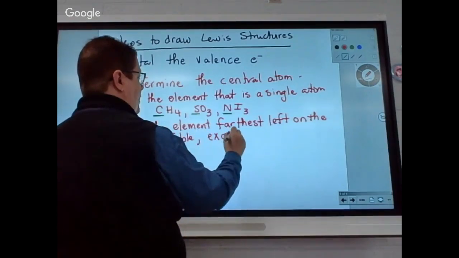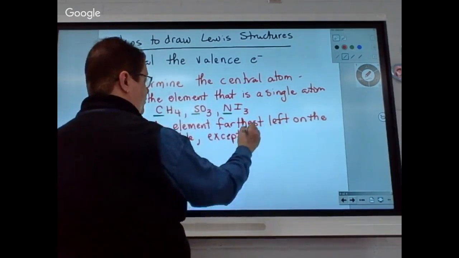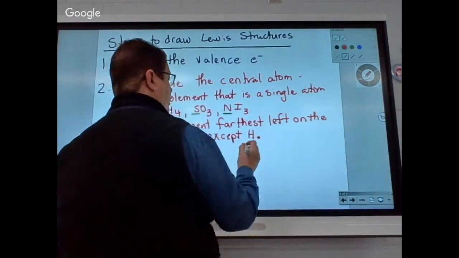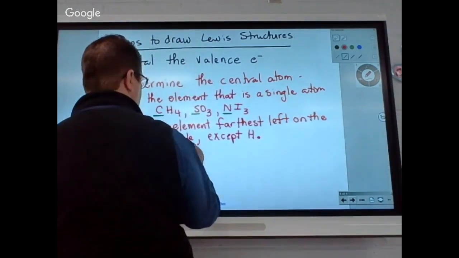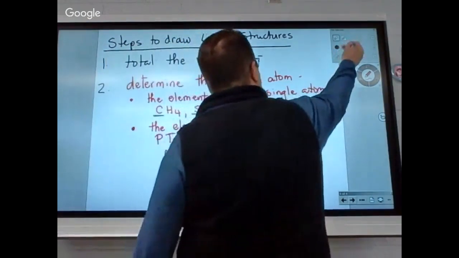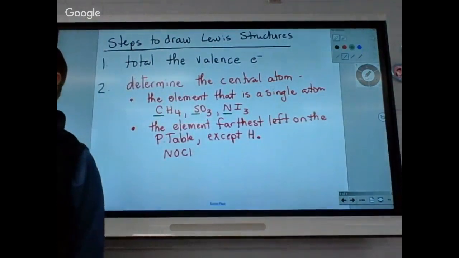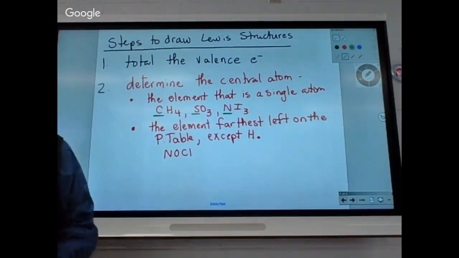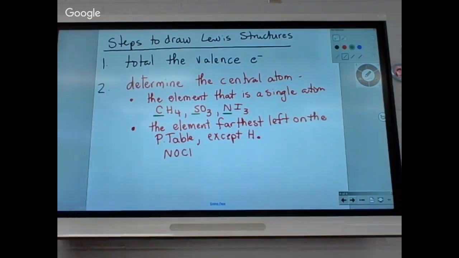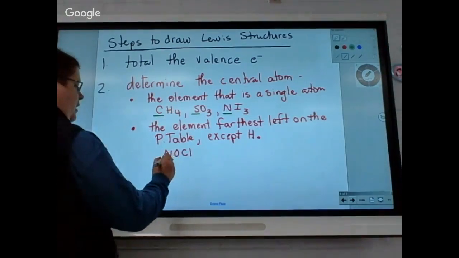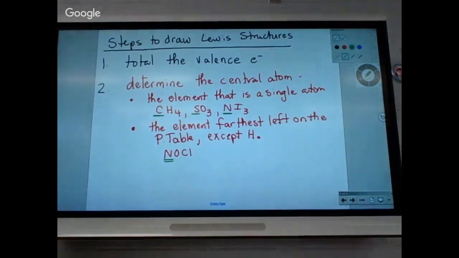Who can never be the central atom? That's right, except hydrogen. So if you have something like NOCl, for example, you'd have to look at the positions of N, O, and Cl on the periodic table and see who's furthest left out of those choices. Nitrogen is farthest left, so N would be your central atom.